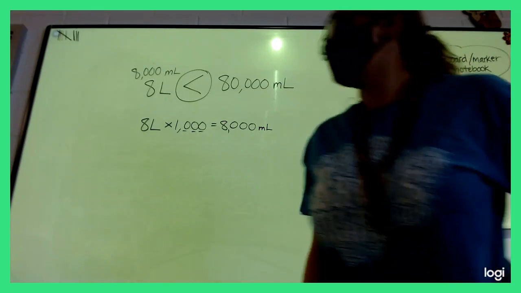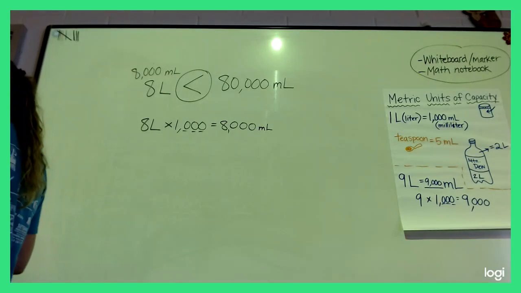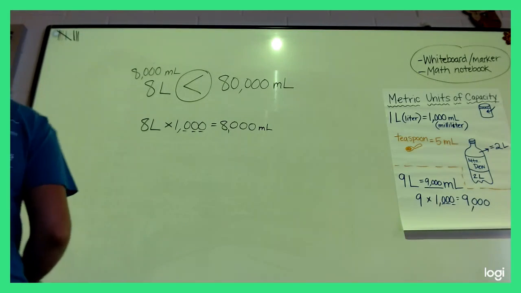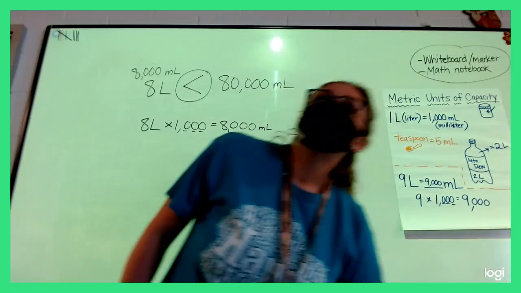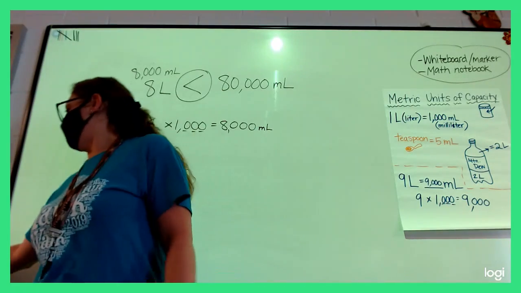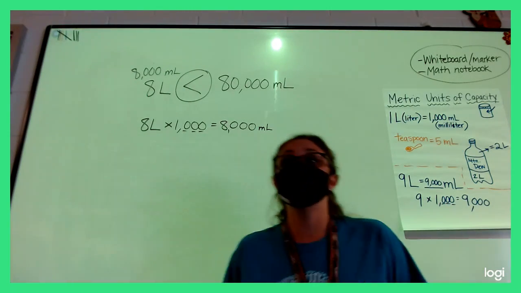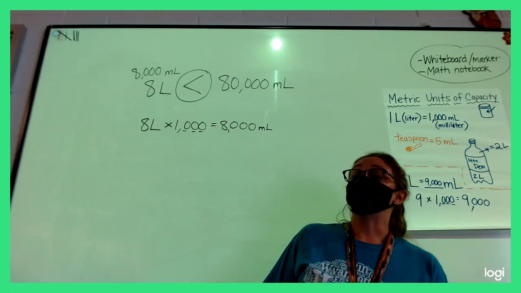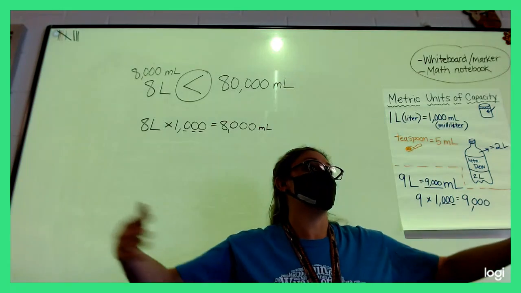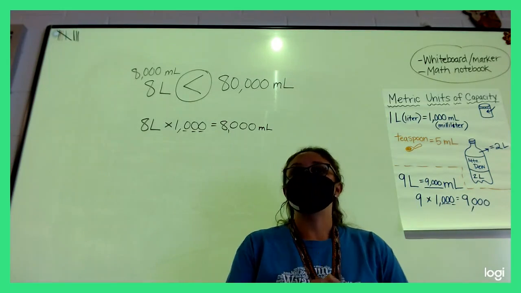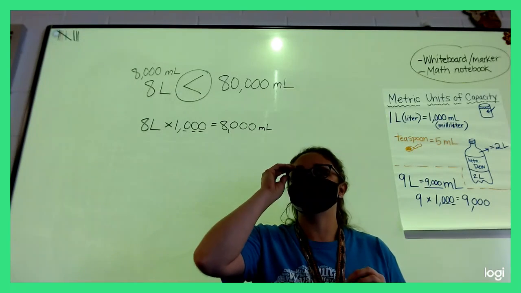Okay. Let's see if there's anything else I wanted to say. Oh, here's just some good questions. If I wanted to find out how much water is in my large fish tank, I mean it's big, it's like 3 desks long, it's full of water, would I want to measure that in milliliters or liters?